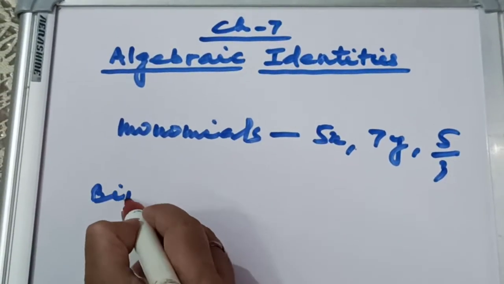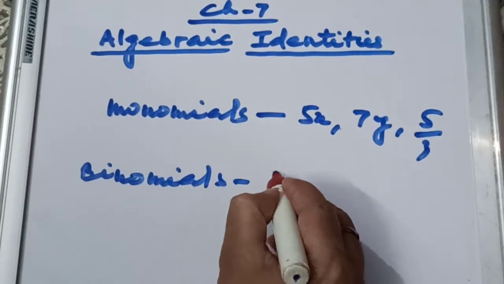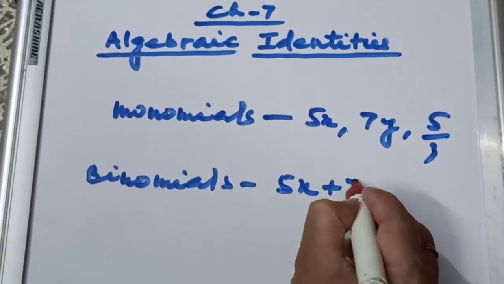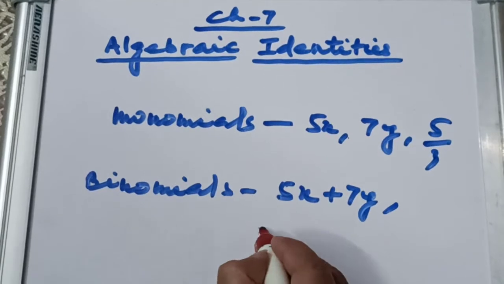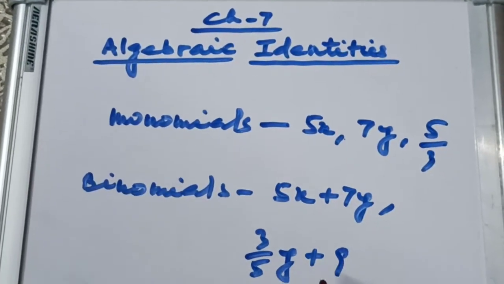Binomial. It consists of two terms: 5x plus 7y, 3y plus 5y plus 9.